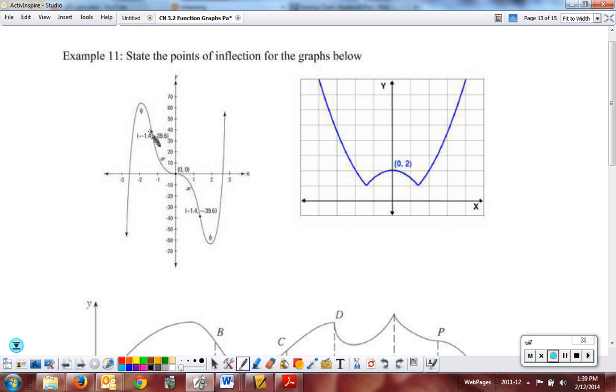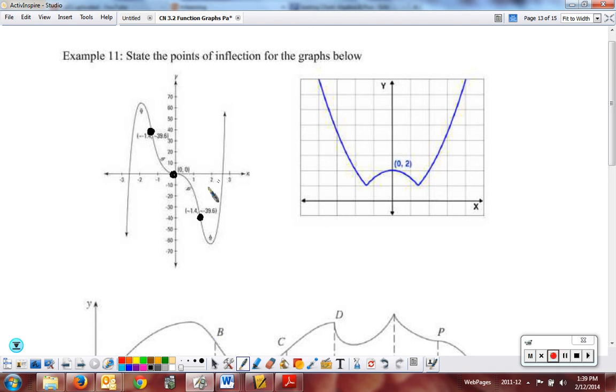There appears to be one here, there appears to be one there, and there appears to be one there. Do you notice I did not put a dot anywhere close to an extrema? There's a difference between me asking for extrema and asking for points of inflection. They are different things happening. Extrema is where you switch increasing and decreasing. Points of inflection is where I switch concave up to concave down, and vice versa.